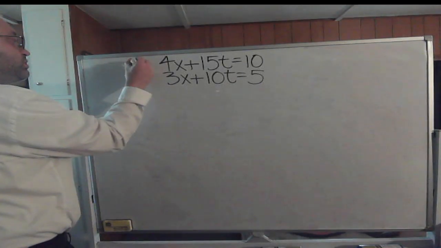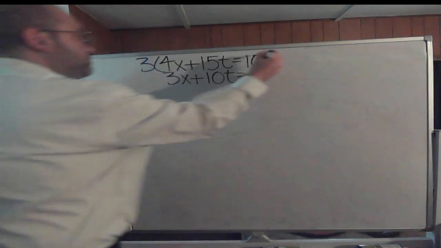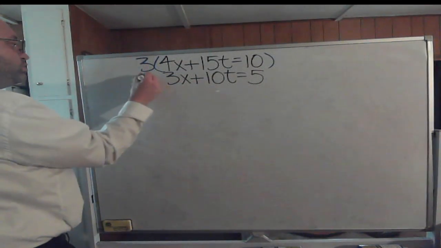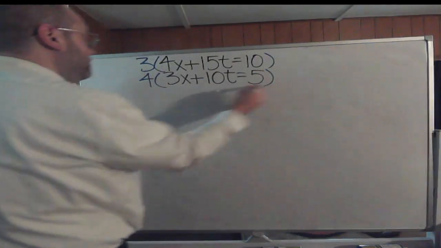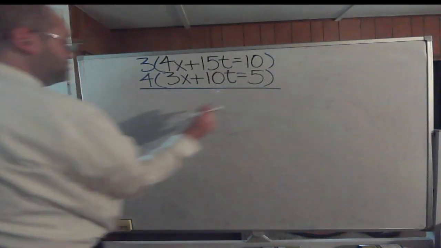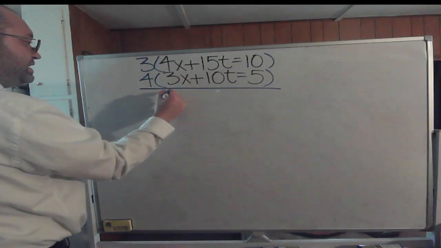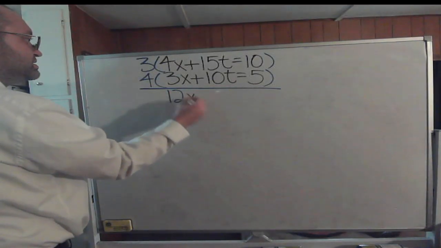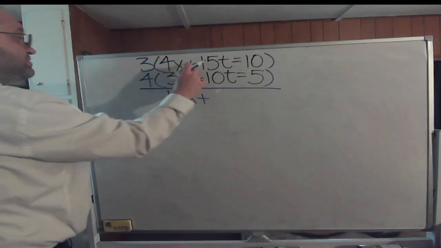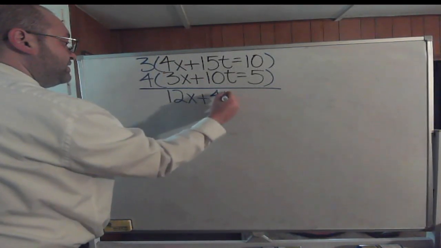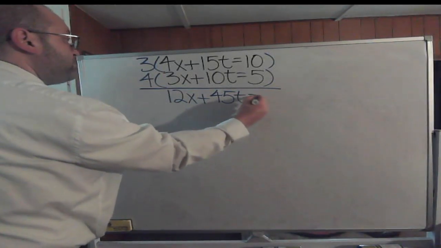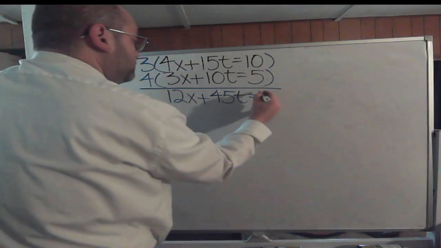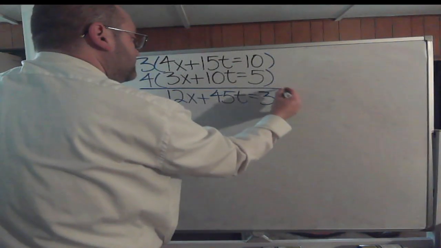So the first equation we're going to multiply by 3. The second equation we're going to multiply by 4. So if we do that, 3 times 4x, that's going to give you 12x, plus 3 times 15t, that would give you 45t. That'll be equal to 3 times 10, which would simply be 30.